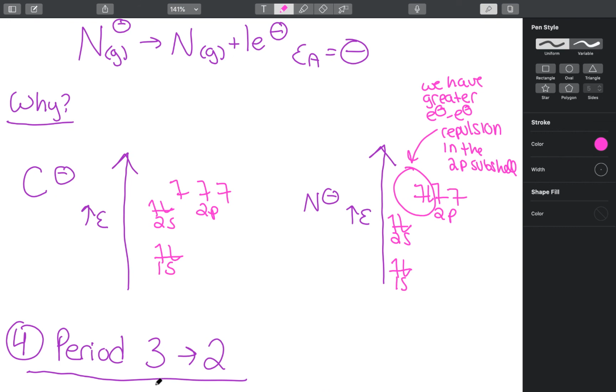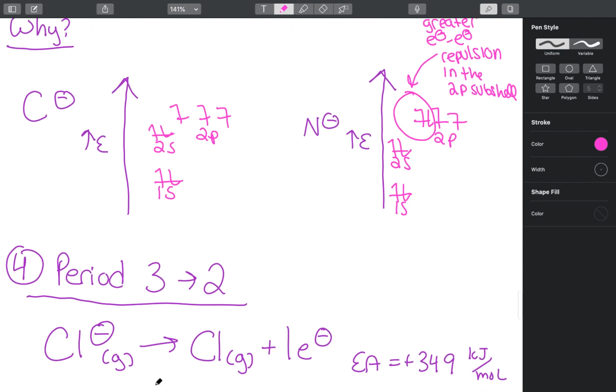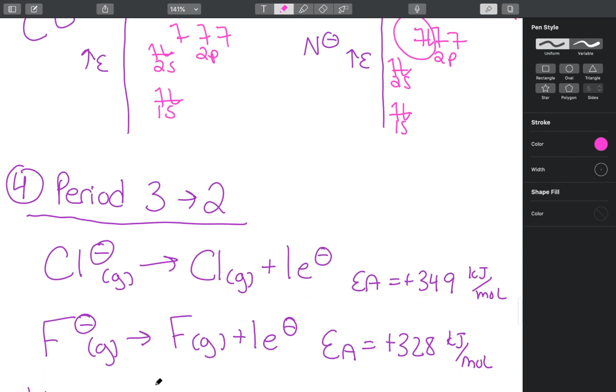Now we would expect going from period 3 to period 2 that our electron affinity would increase. However, this is again not the case. So here I use the electron affinities associated with chloride and fluoride. The electron affinity associated with chloride is plus 349 kilojoules per mole, and the electron affinity associated with fluoride is plus 328 kilojoules per mole.